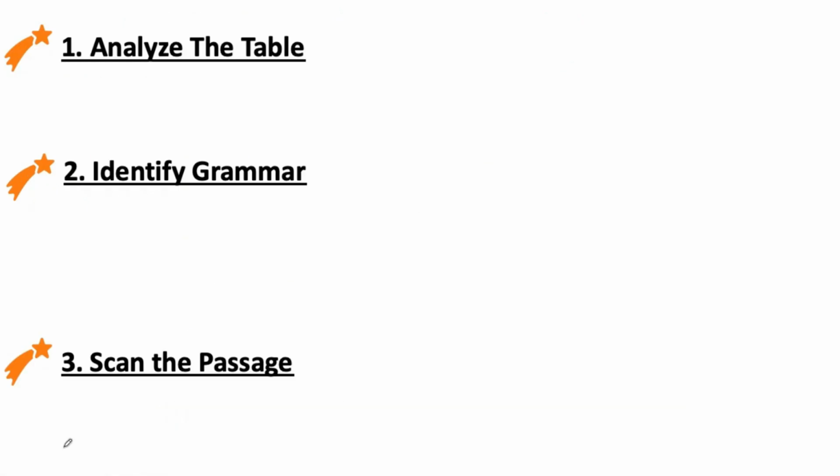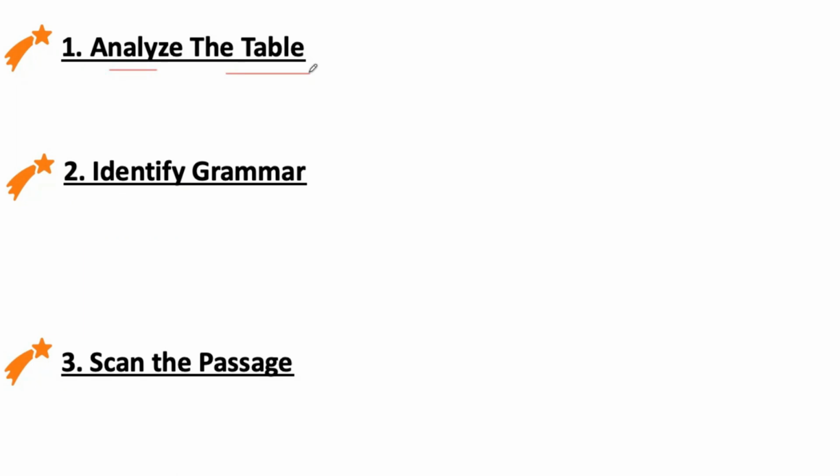Now, like I said earlier, this table completion question type is quite unique, and so our guide and our step-by-step example will also be unique. It'll be a bit different than what we're used to with other types of questions. So our first step is going to be to analyze the table we have.